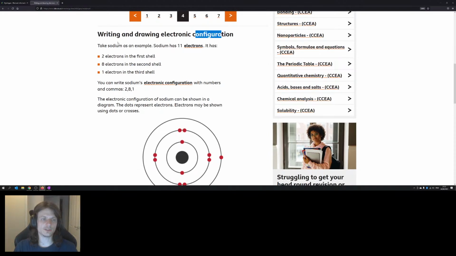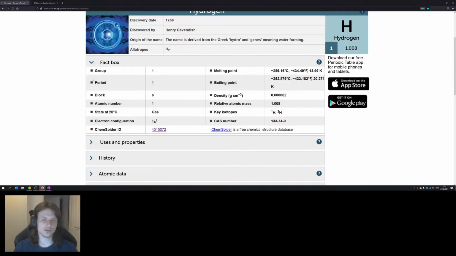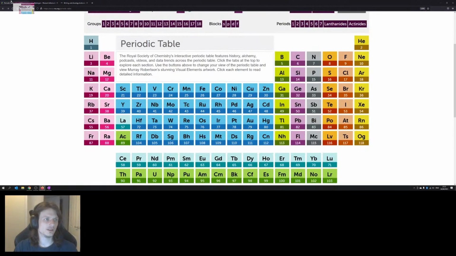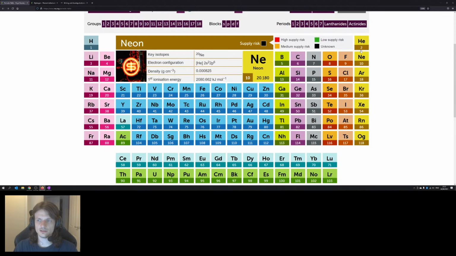Writing and drawing electron configuration. Take sodium as an example. Sodium has 11 electrons. Let's just go and confirm this so I understand it. Sodium is Na.